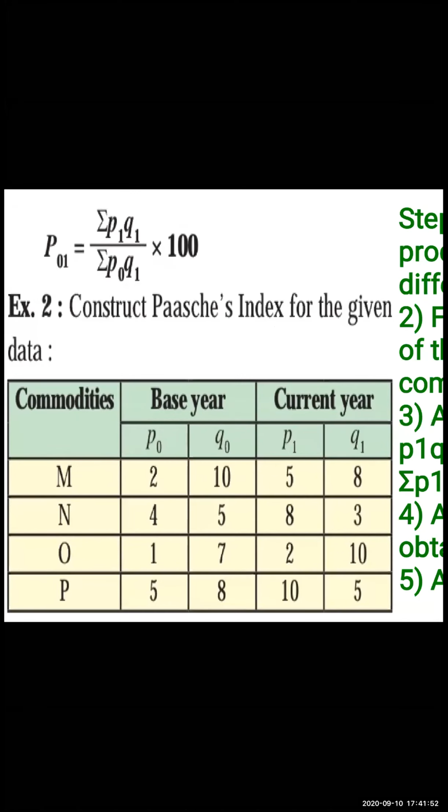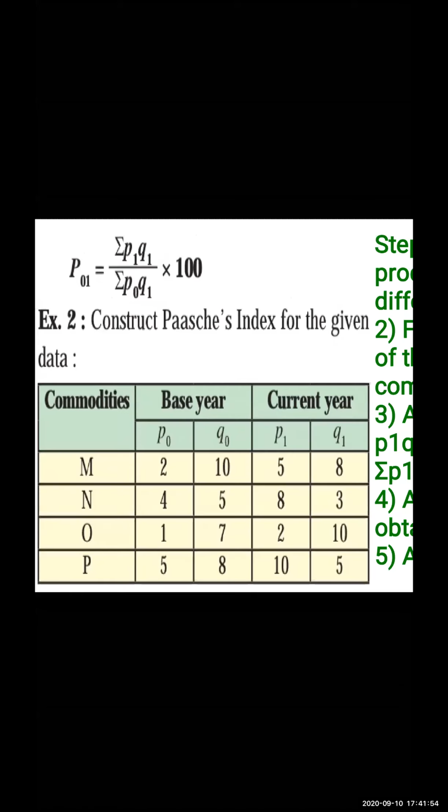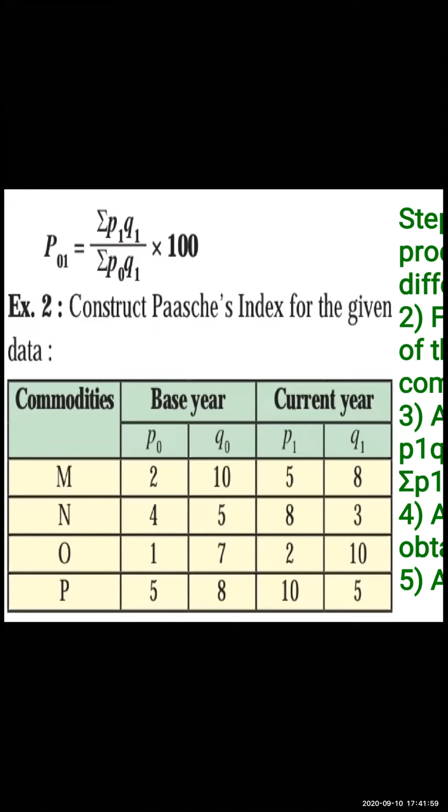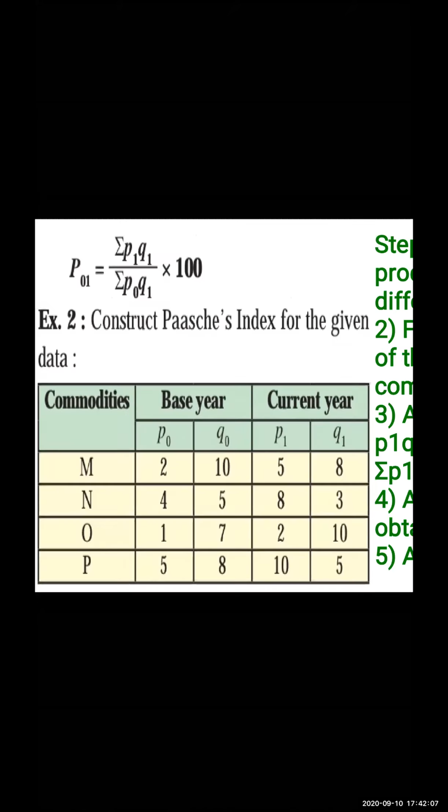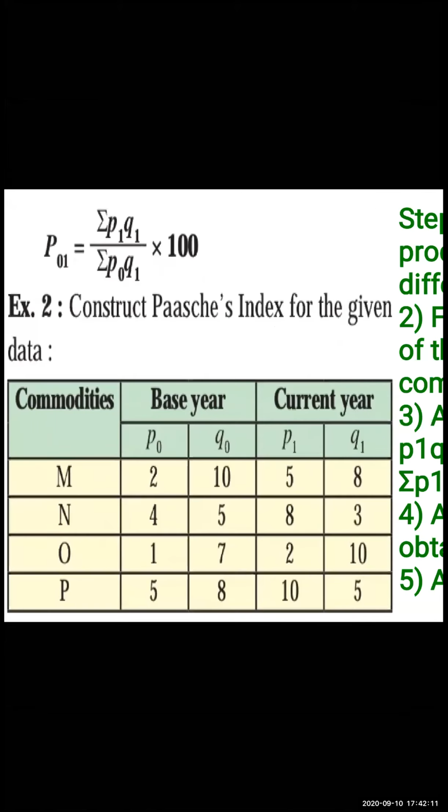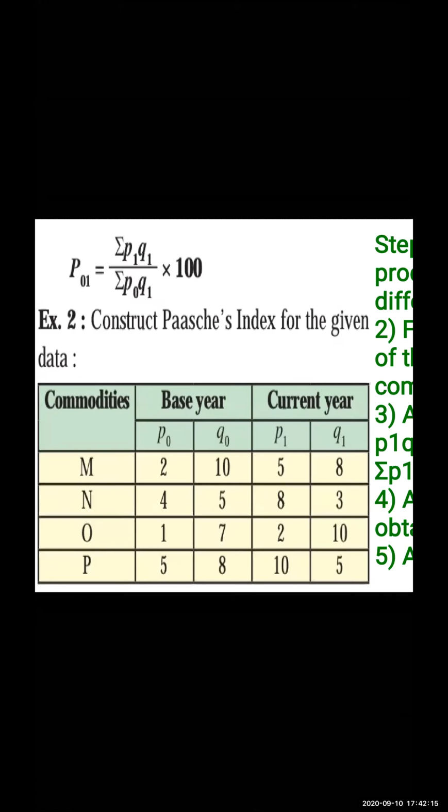Current year price in the form of P1: Commodity M, current year price is 5. Commodity N, current year price is 8. Commodity O, current year price is 2. Commodity P, current year price is 10. After writing now, just put Y in the chat box, so I'll get to know that you all have completed doing the table.